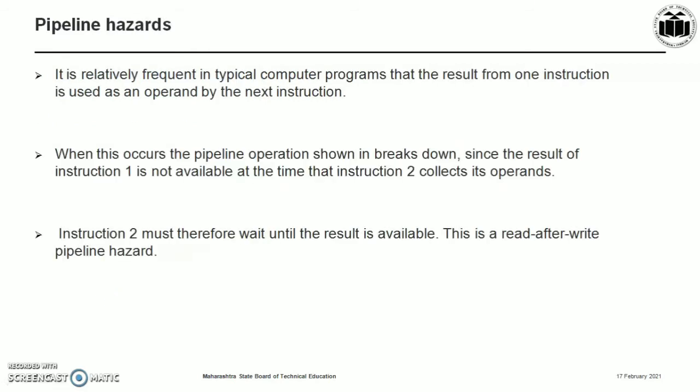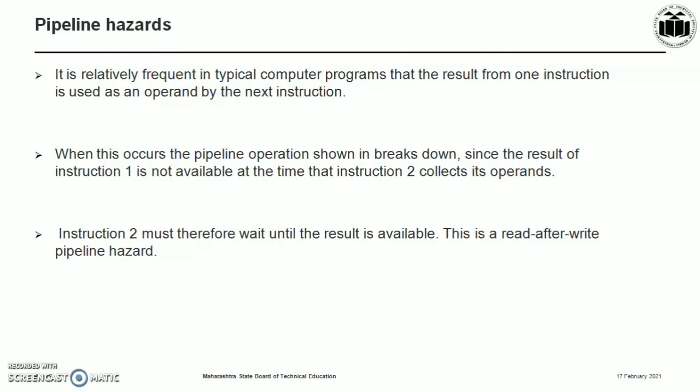We'll see pipeline hazards. It is relatively frequent in typical computer programs that the result from one instruction is used as an operand by the next instruction. When the first instruction gets executed, the second instruction, if it requires the operand from the first instruction, goes into the wait state.